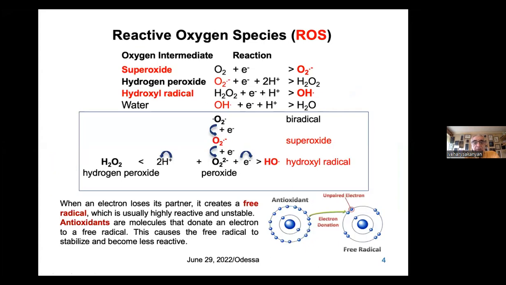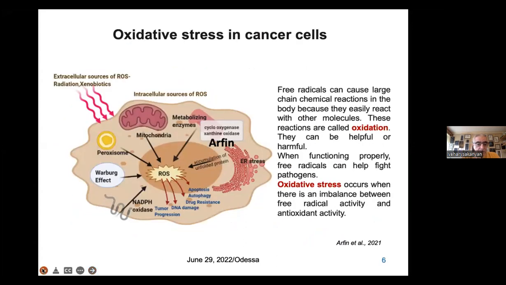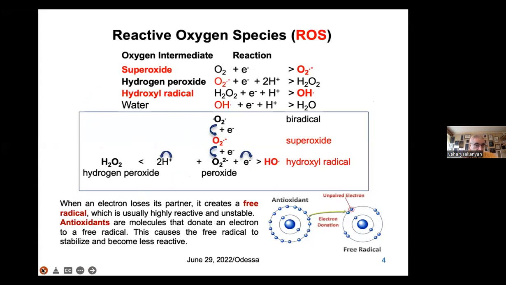Oxygen itself is a potential biradical molecule, as mentioned here, and it can undergo different modifications, because the external orbit of oxygen can very easily lose electrons. There are a couple of electrons which can be introduced into different reactions.